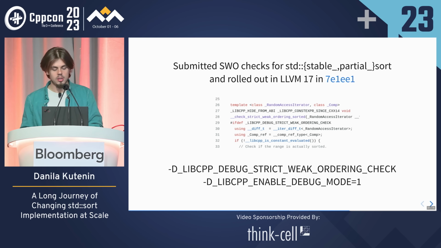Then we enabled strict weak ordering checks for stable, partial and std sort, and it was rolled out in LLVM 17, whose release was probably a week ago. If you use LLVM and libc++, you can use these command line flags to enable the strict weak ordering check in your projects.